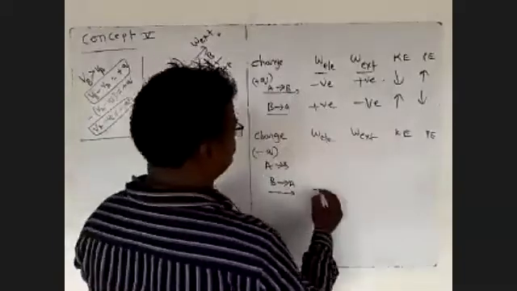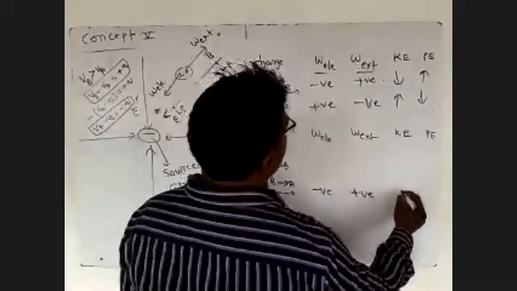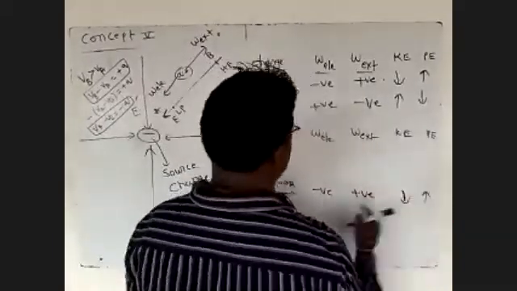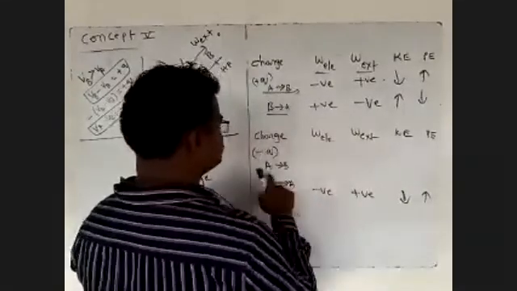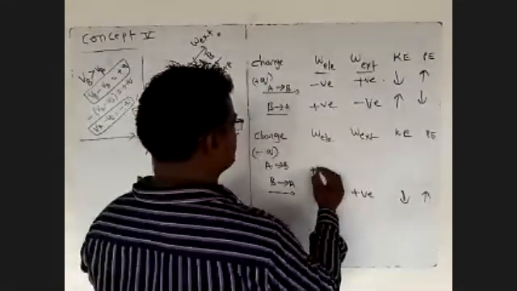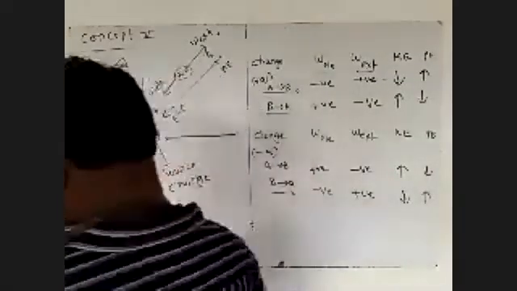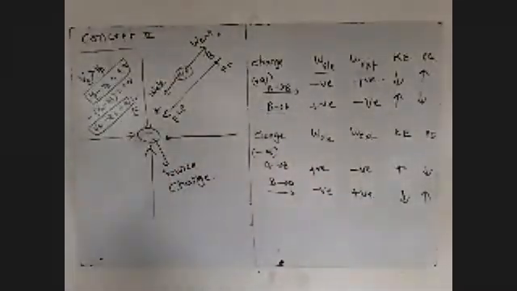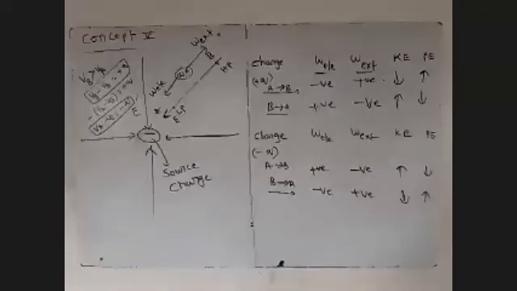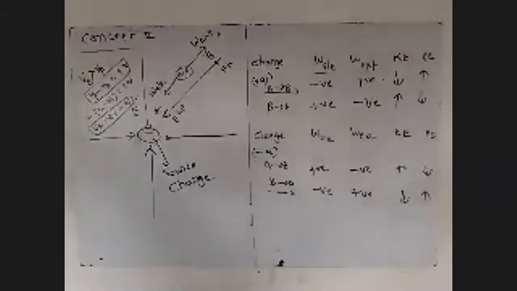Negative charge: positive, decrease, increase. For this one, reverse, A to B: positive, negative, increase, decrease. That is over.